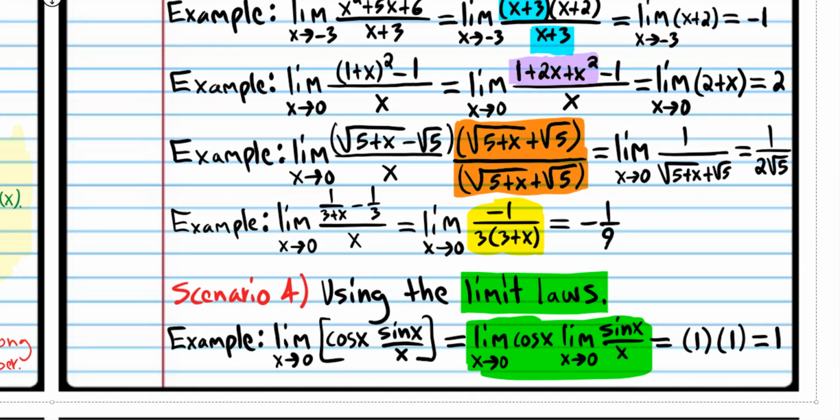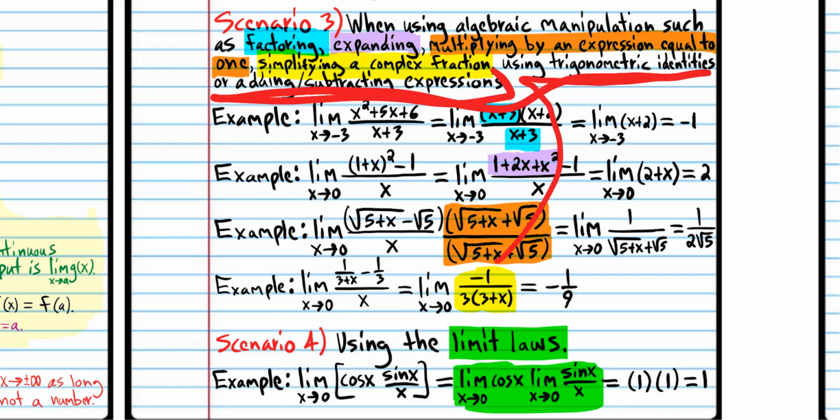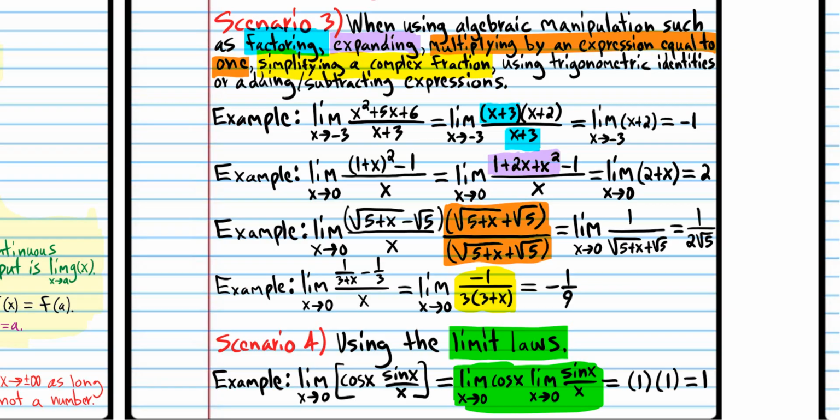And then we have the situation where you're simplifying a complex fraction. We also have other scenarios where we are using trigonometric identities or adding or subtracting fractions in the limit. I didn't have enough room to write examples of those, but the point is there's all kinds of different ways to find the value of a limit.